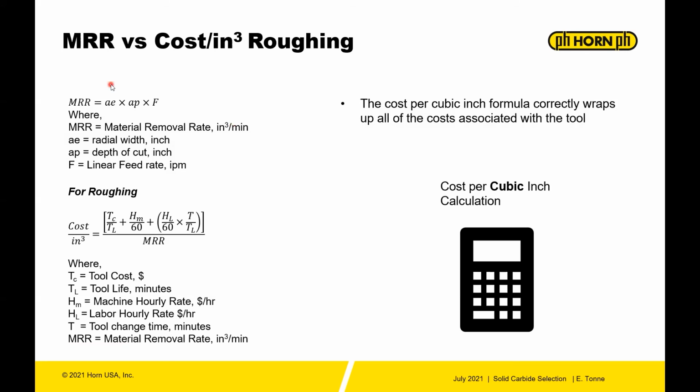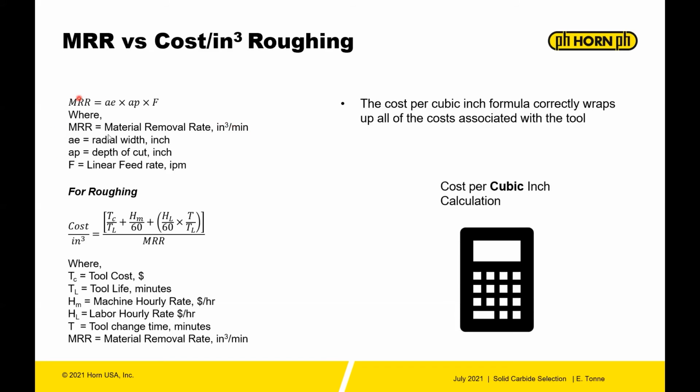So if we break this down, MRR is material removal rate, and that's made up of the width of cut times the depth of cut times the feed. So that's your MRR. And then that's given in various units, but commonly in inch units, it's cubic inches per minute. In metric, you'll commonly see cubic centimeters per minute.